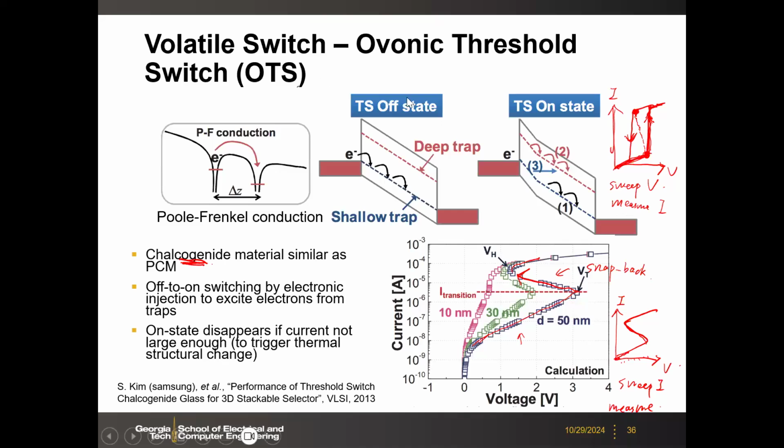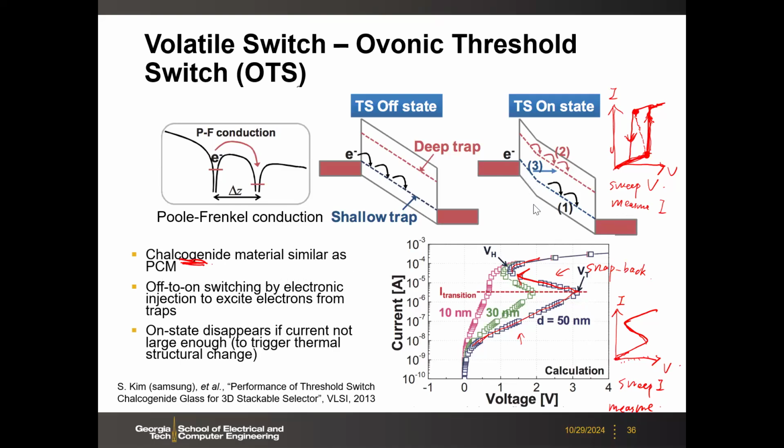So here in this OTS, the mechanism is not well understood, but at least people think this is due to some trap stuff in this chalcogenide material. When the trap is fully filled, then with high voltage it can create another conduction path. Therefore, you turn on the current. So this is like the phase change memory because it's a similar material system.